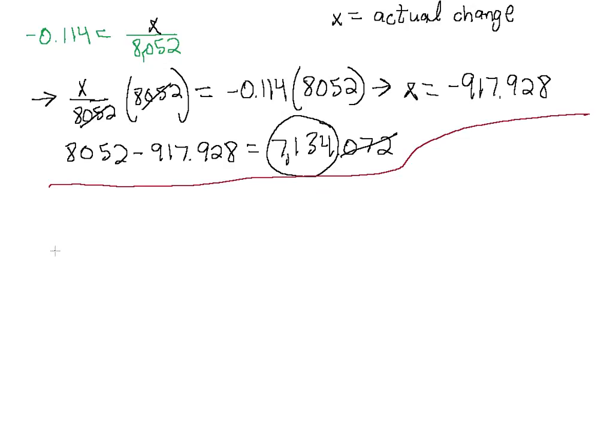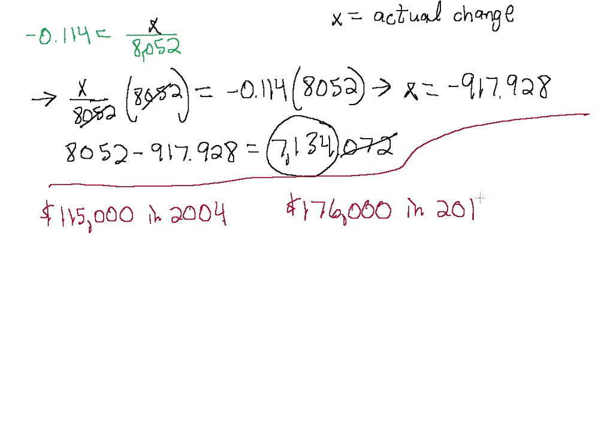Let's say we have a piece of property that was valued at $115,000 in 2004. The same property was appraised at $176,000 in 2014. What was the average annual percent of change of the value of this property?